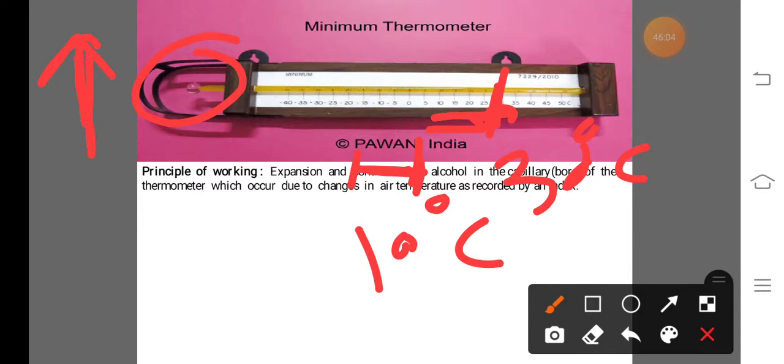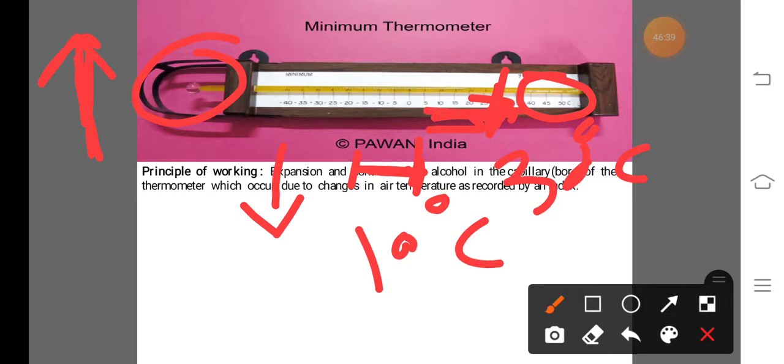If it is removed from the single Stevenson screen, direct solar radiation affects the alcohol, and error occurs in the minimum thermometer when taken outside of the single Stevenson screen. So during setting of the minimum thermometer in the single Stevenson screen, it is slightly moved upward until the index is attached with the alcohol.